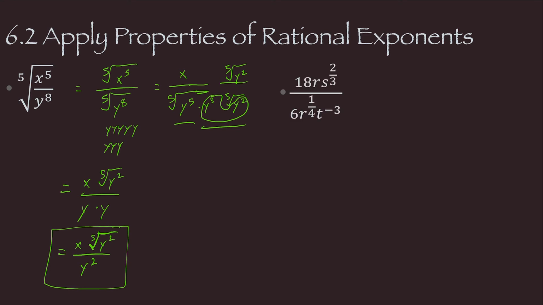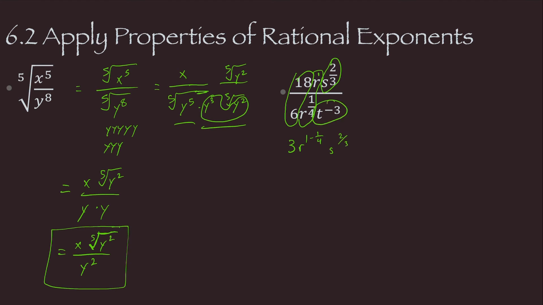Let's try another one. Well, this one's different. For these kinds, worry about each individual variable individually. So 18 divided by 6 is 3. This is r to the 1st divided by r to the 1/4. Since I'm dividing, I would subtract the exponents. Then I have the s on top.